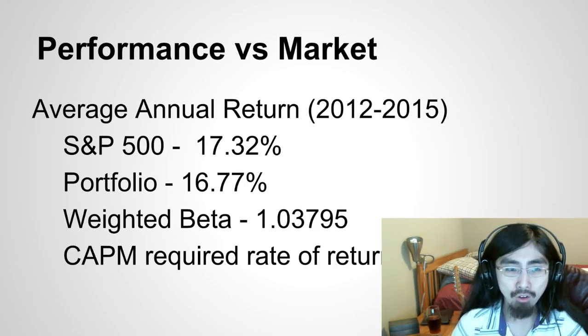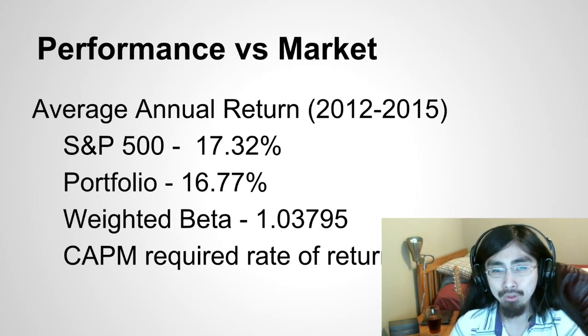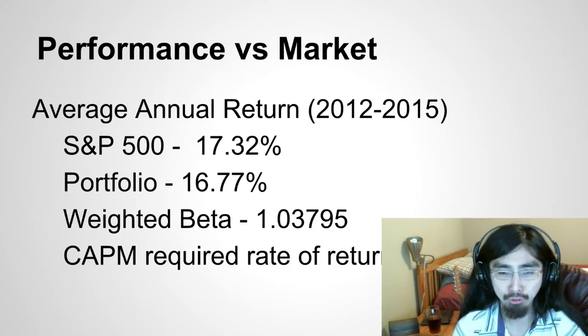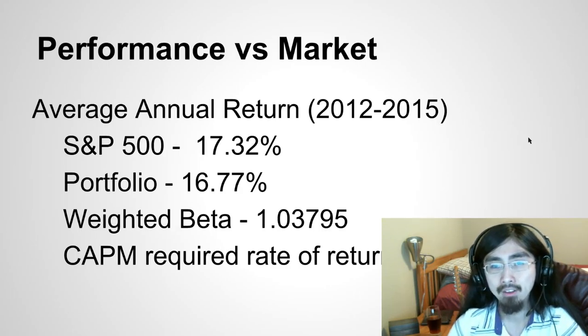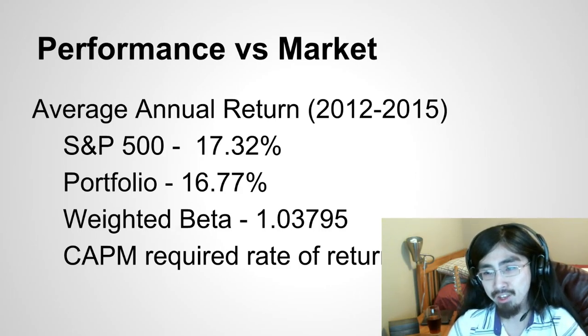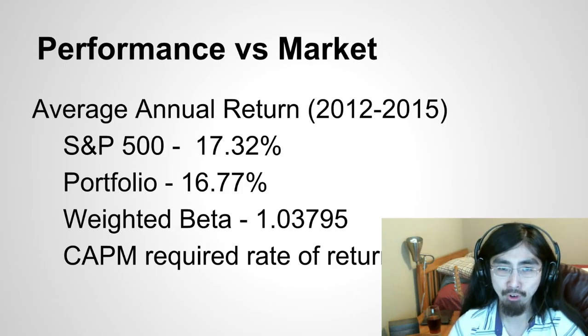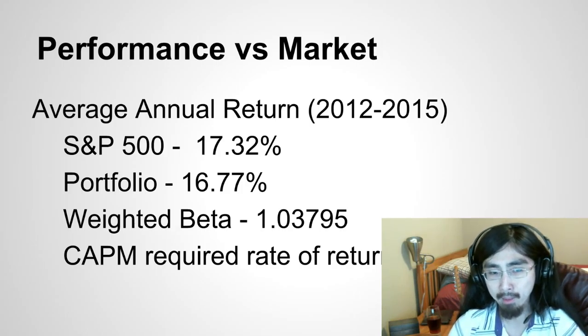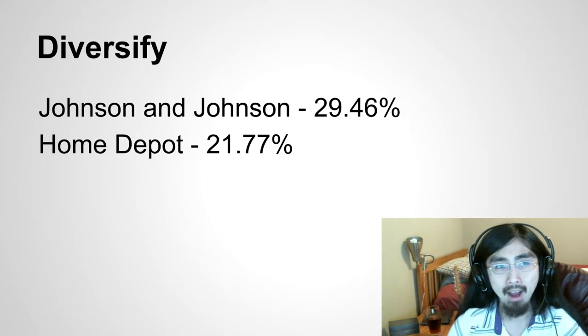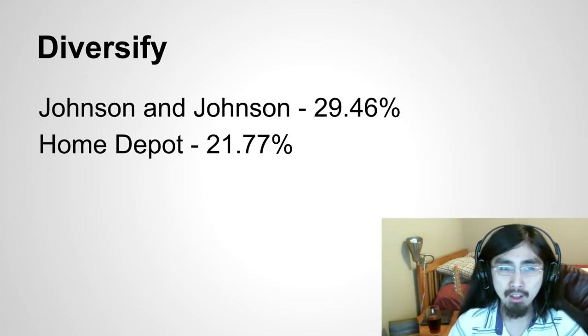But we also have a beta of 1.03795, and using the S&P 500 as a market rate and the 3-month treasury bill as a risk-free rate, I calculate our compound required return for our portfolio to be 17.98%. So now we can see there are some improvements we need to make to our portfolio because it's underperforming based on CAPM.